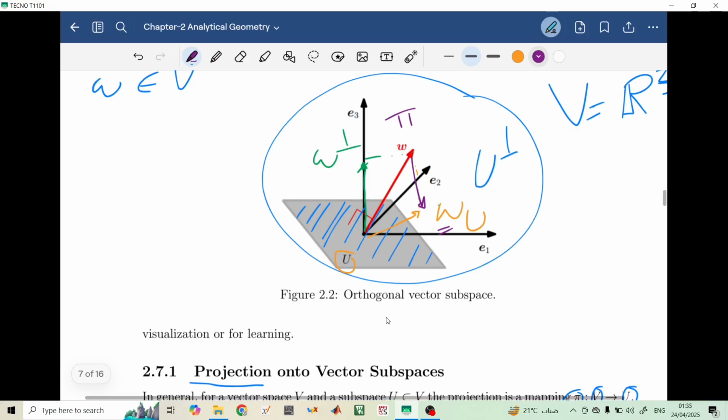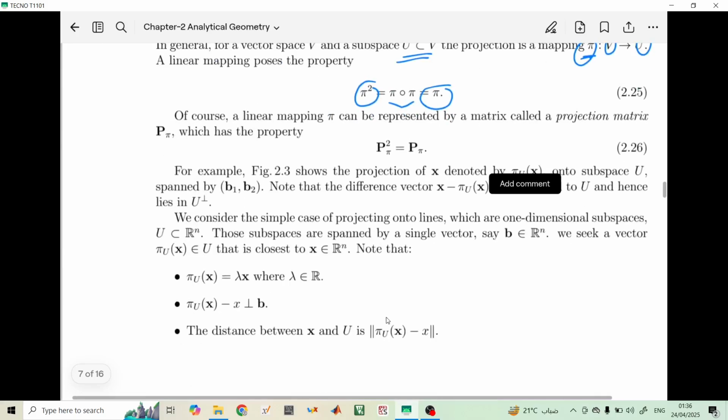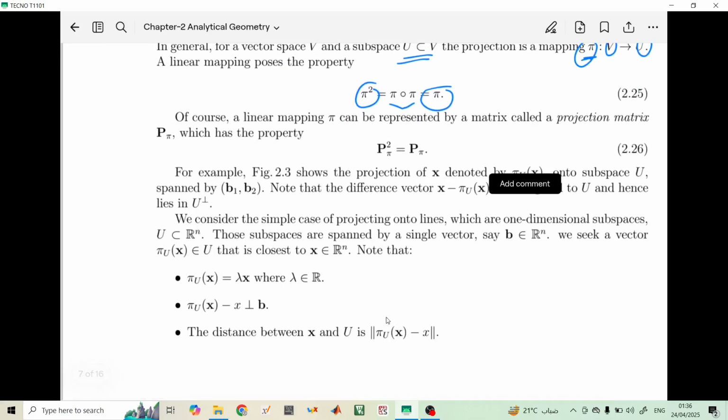Now we want to apply pi again on this vector. So the job of pi is to project the vectors onto U, but if the vectors are already in U, it doesn't change. So this is the whole idea. If the vector is already inside or lives in U and you project it onto U, you're not doing anything. So it's enough to project the vector once. You don't need to do it twice.